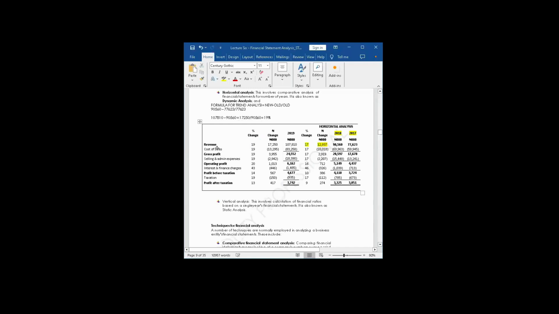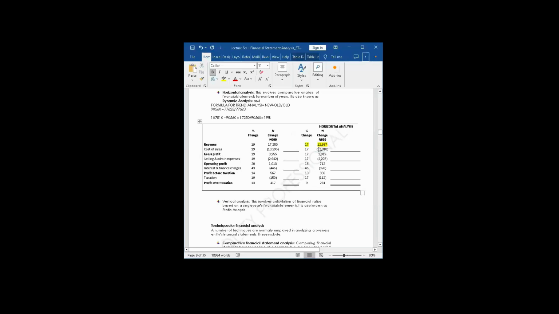So you would have succeeded in computing for revenue, cost of sales, gross profit, selling and admin expense, operating expense and all that. Eventually, you should have something like this.